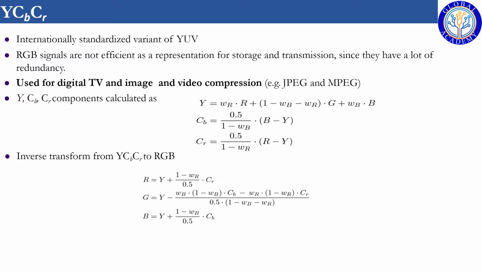So we can use this concept in image compression or video compression, like the JPEG or MPEG standards. Subsampled Cb and Cr components can be used in compression because they hold very little information.